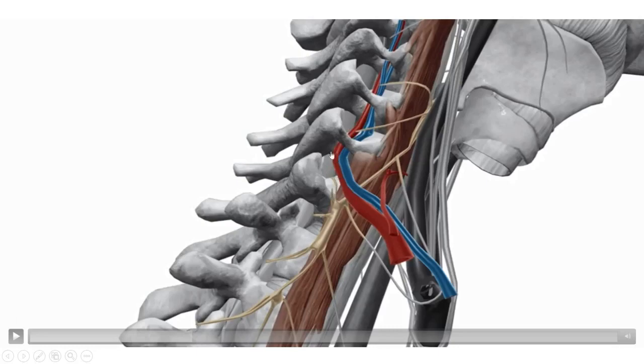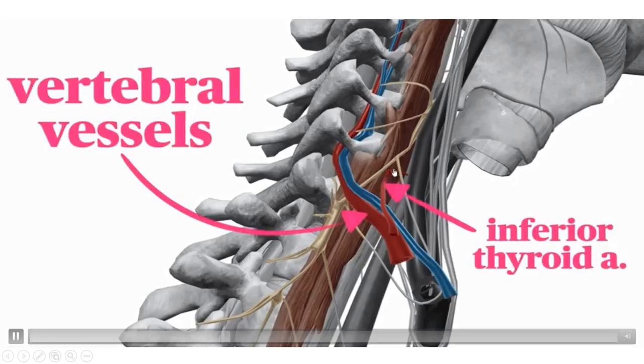So it is outside the foramen transversarium at the level of C7, and at the level of C6 it is inside. The stellate ganglion is in close proximity to the vertebral artery and vein. Again, there is an aberrant artery, the inferior thyroid artery, which is also very close to the stellate ganglion.